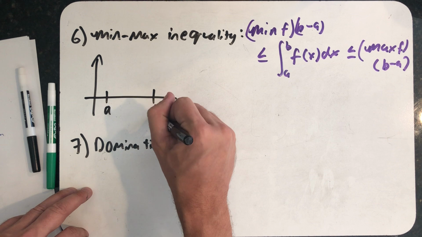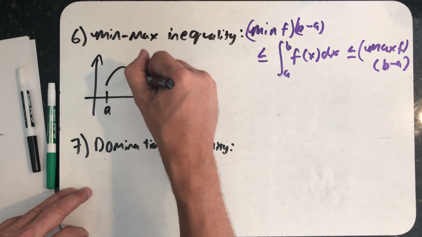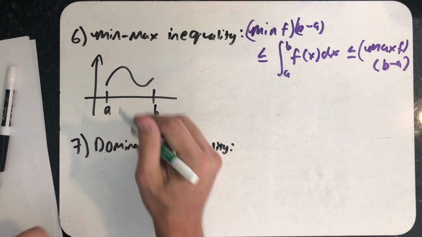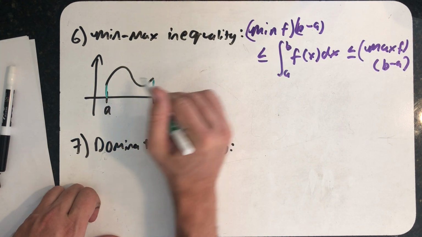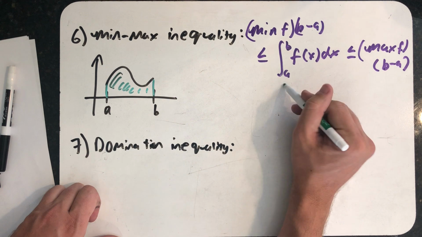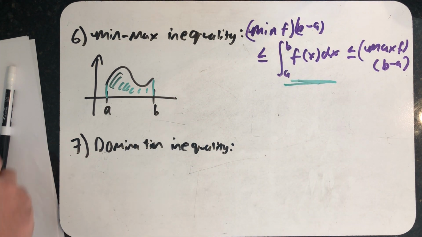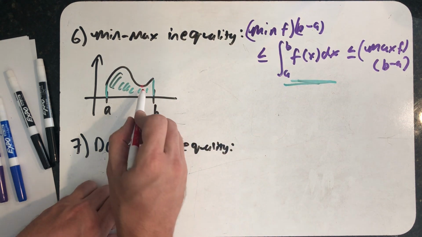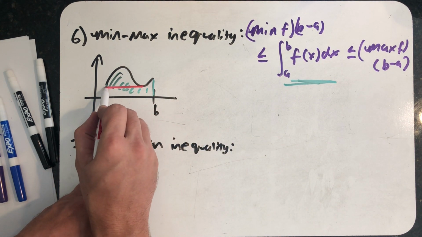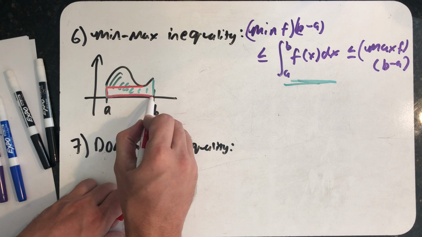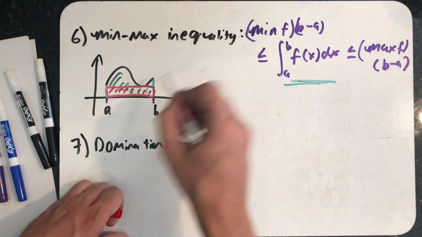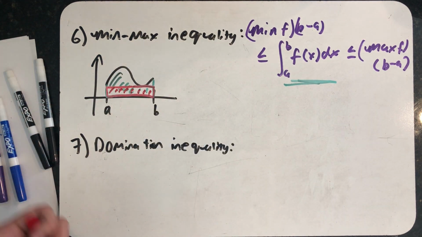Well, this one is almost silly. If I draw a function that's integrable, and this one assuredly is, I will shade in green the definite integral. The minimum value of f, clearly right here. That height times b minus a would be the area of this rectangle, which is very clearly less than what I shaded under the function.